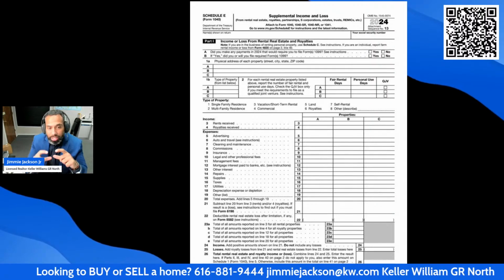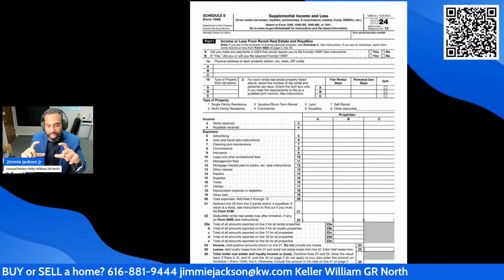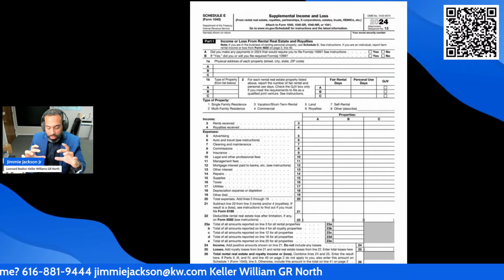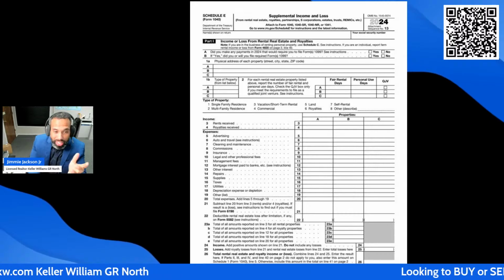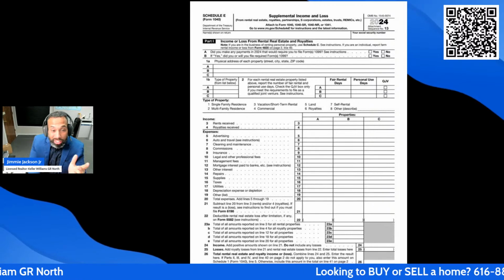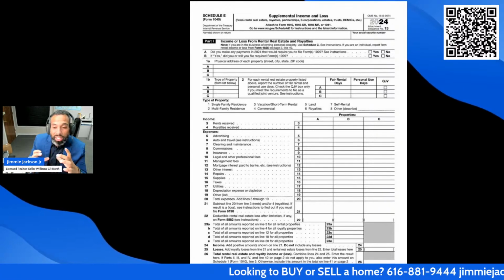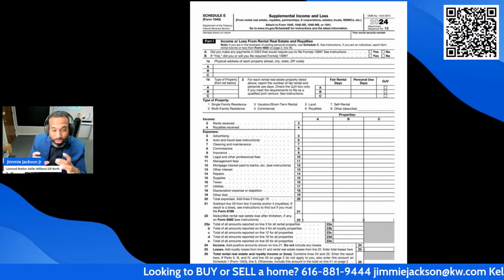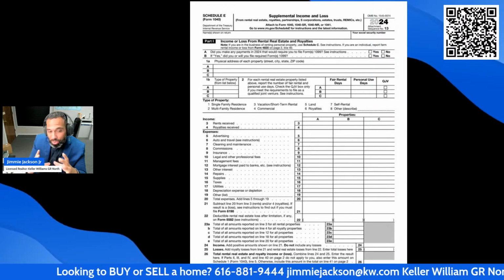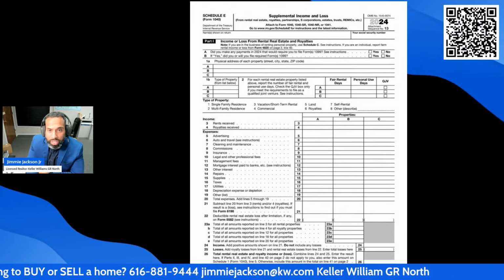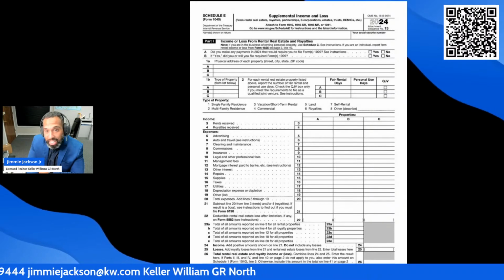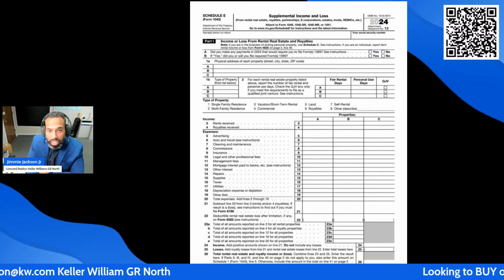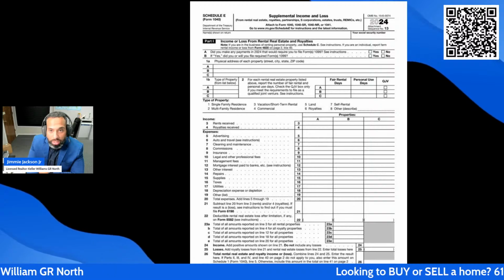It's a tax form. I can't give any legal advice. I'm not a tax specialist, but look it up online. You have to fill that out. There are different 1040s, and then you attach them. There's even a 1041.